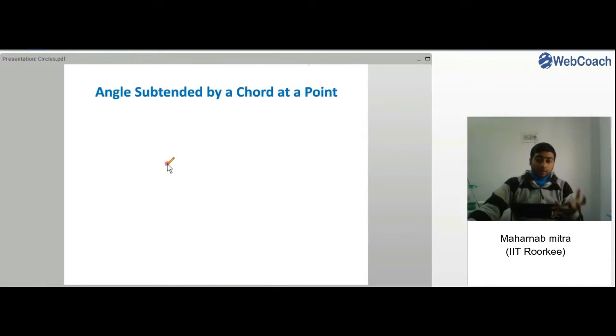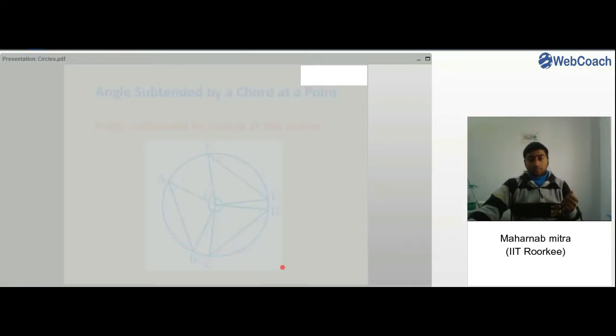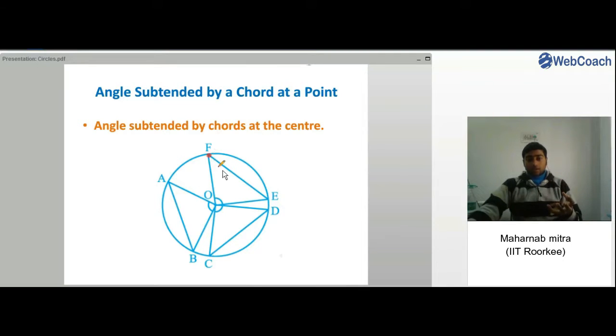So let's move on to the next topic, angle subtended by a chord at a point. And now what does it mean? You can see if we have three chords AB, CD and EF, and the angle subtended by these chords at the center, or we join the two endpoints of the chord to the center, the angle which is made by them is the angle subtended by them at the center, right?